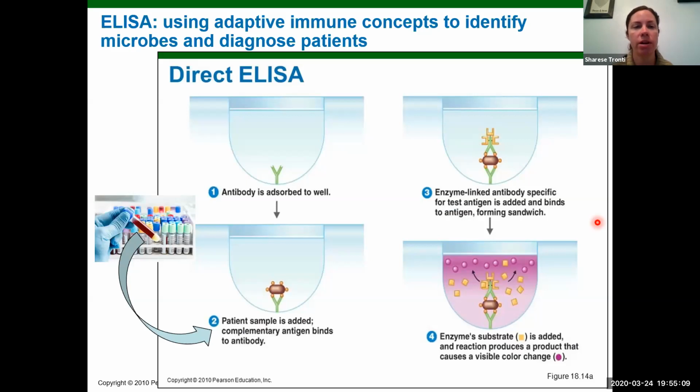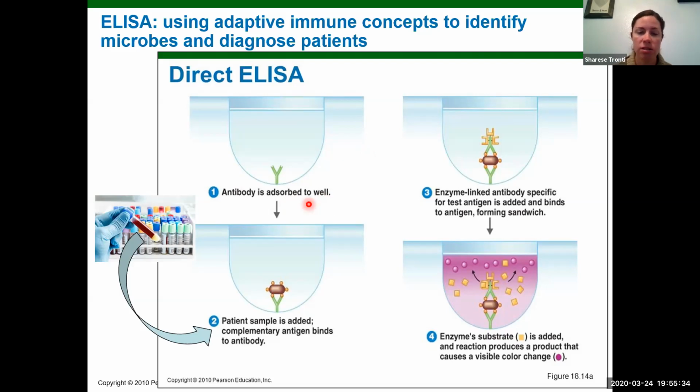And the last thing we're going to go over is the process of ELISA. So ELISA is where we use antibodies to be able to identify what type of disease or microbe a patient has. So the first step is we're going to attach antibody into the bottom of this well here.